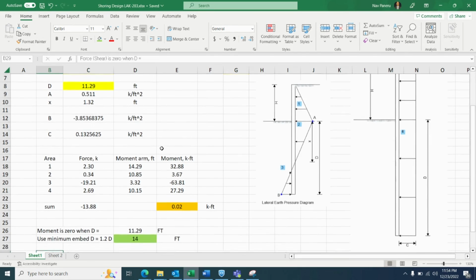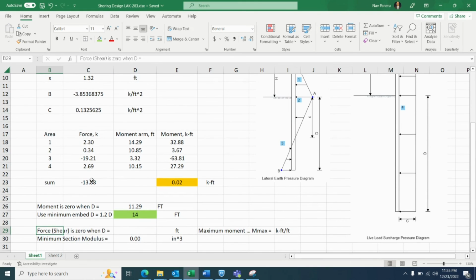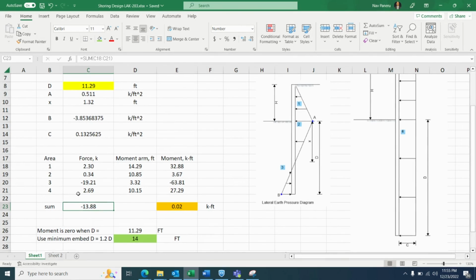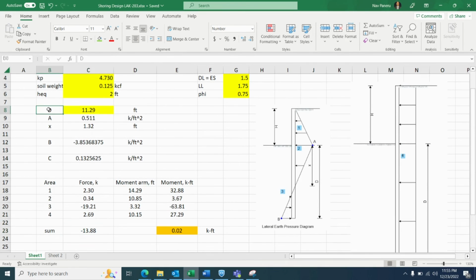So let's find the depth where the shear force is zero. As you can see in this spreadsheet, I'm getting the sum of all the forces, not the moment. The sum of all the forces is minus 13.88. If I can find the distance d where this force is zero, that will be the location of the maximum moment. So let's do that.